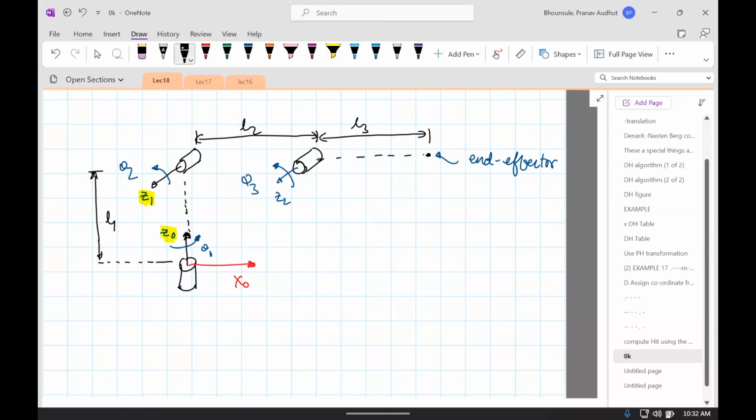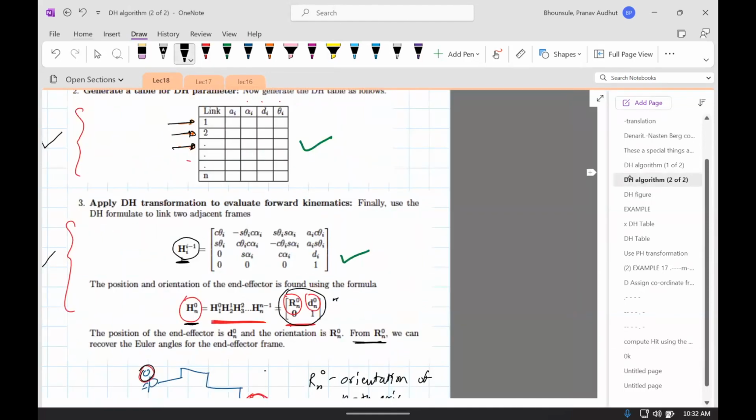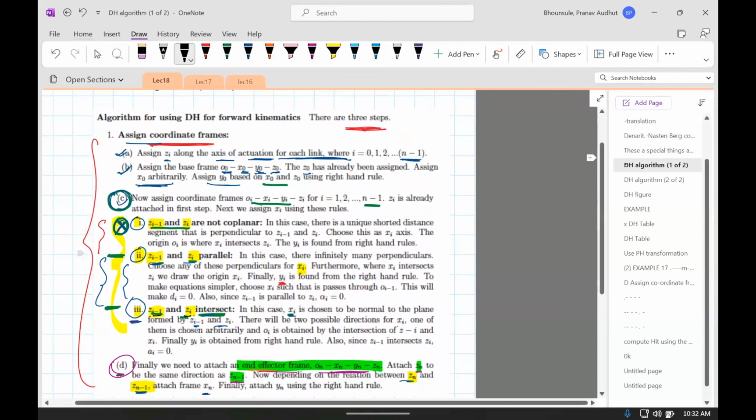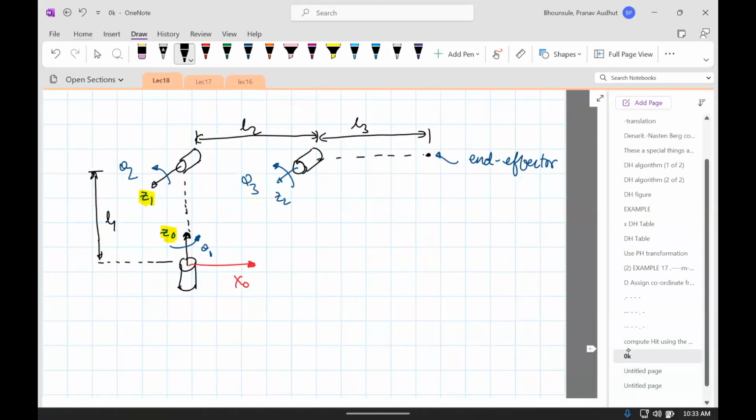So this falls under this category, which means that Xi is chosen to be normal to the plane formed by Zi minus 1 and Zi. So let's go back. So if Z0 and Z1 are intersecting, then X1 is at right angles to Z0, Z1.